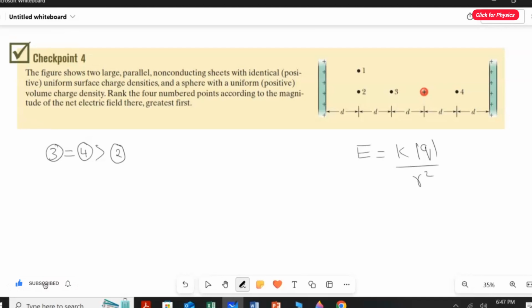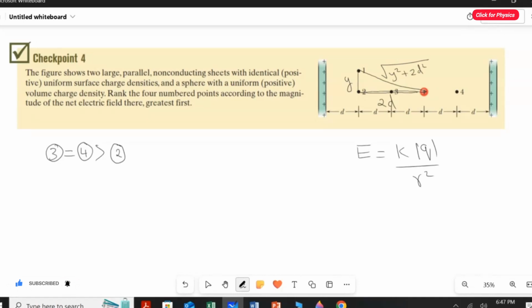Now, when you compare point 1, we have to apply the Pythagoras theorem. Let's see this diagram here. I'm going to find the distance from the positive charge to point 1 by applying the Pythagoras theorem. If you see this horizontal line, this distance is 2 times d, and if this distance is y, for example, then by applying the Pythagoras theorem, we can easily find the distance, which is the square root of y squared plus (2d) squared.